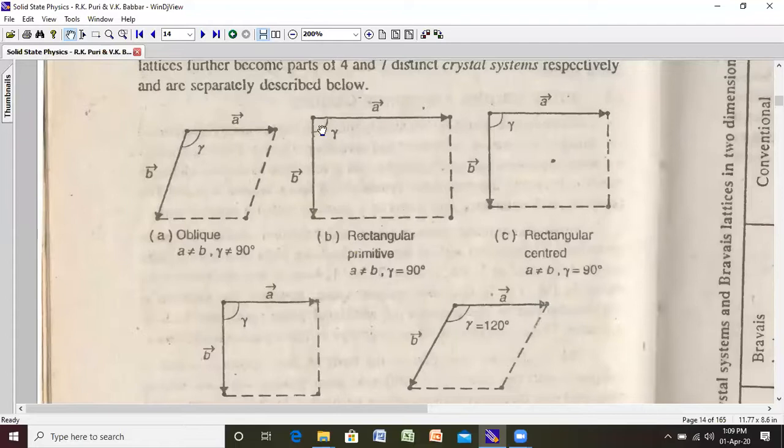And the angle between vector A and B is exactly equal to 90 degrees, unlike oblique. In oblique, sides are not equal and the angle is also not equal to 90. But in case of rectangular, the angle between the 2 sides is 90 degrees.